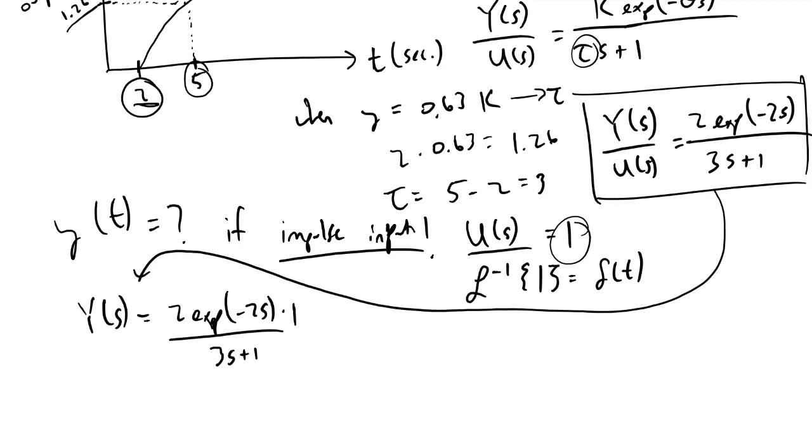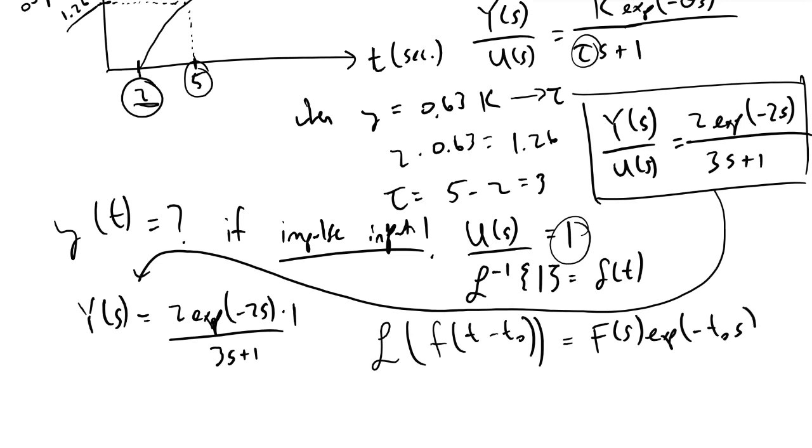And another important mathematical relationship to recall at this point is that if we take the Laplace transform of some function that has been shifted to the left or right on a plot, take f of t minus t naught, for instance, this is equivalent to f of s times the exponent of minus t naught times s.